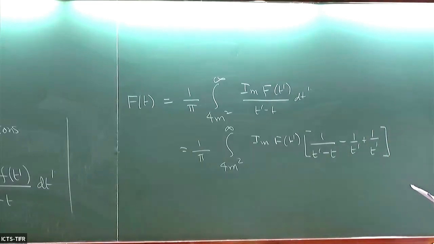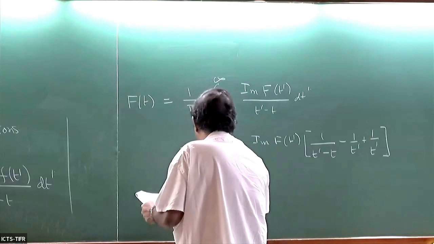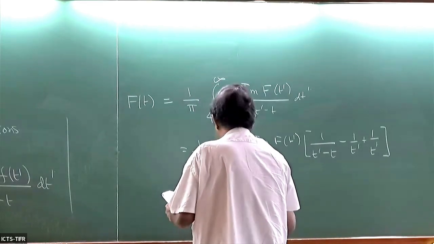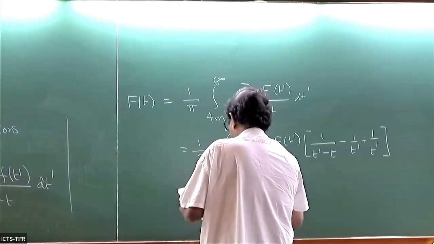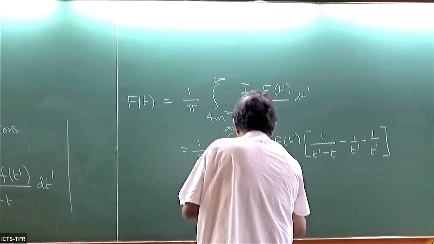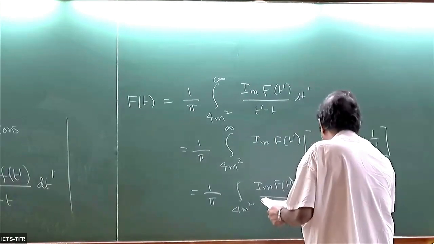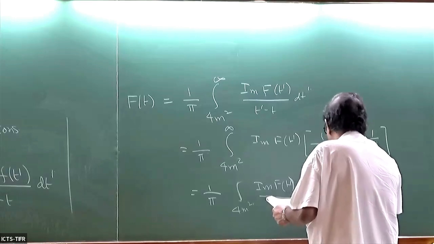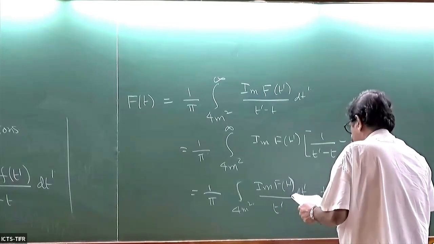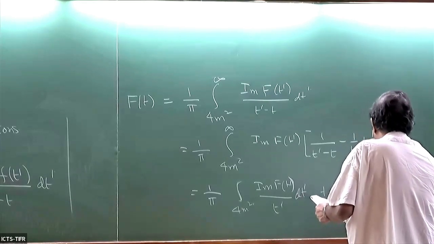Okay, so let us now regroup these terms and write this as 1 by pi integral from 4m squared, imaginary part of f of t prime by t prime dt prime, plus note what we get over here. We get a t by pi integral from 4m squared to infinity, imaginary part of f of t prime.